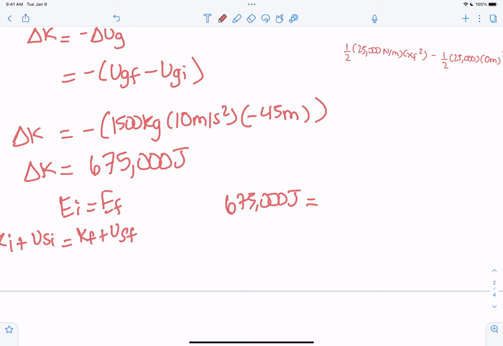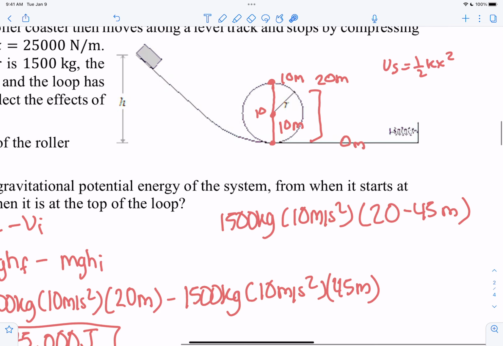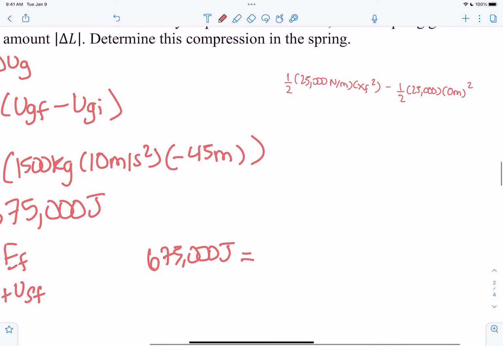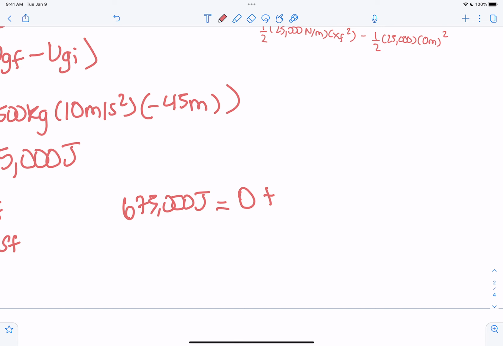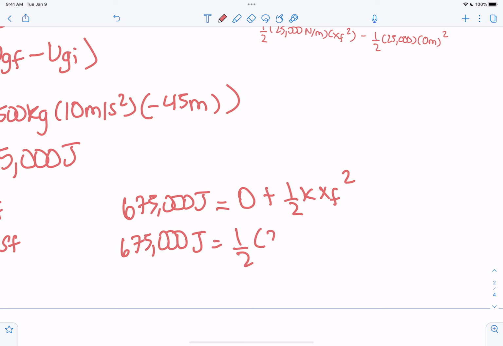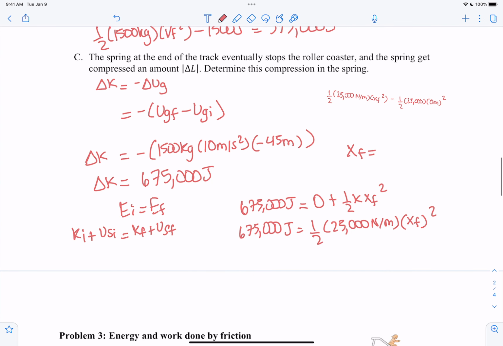So once that roller coaster comes in contact with the spring, it will get compressed and the roller coaster stops moving. So KF for the roller coaster would be 0, right? And then final spring potential would just be half k XF squared. So your 675,000 joules is equal to half times 25,000 newtons per meter, and then times this XF squared. And so then we can find out our XF. Let me calculate that real quick.